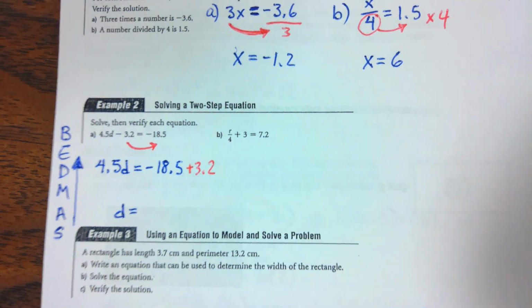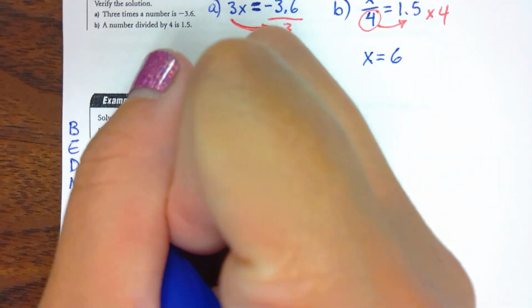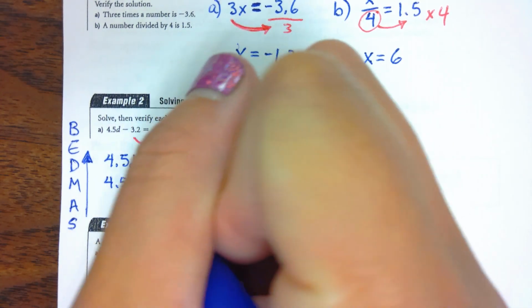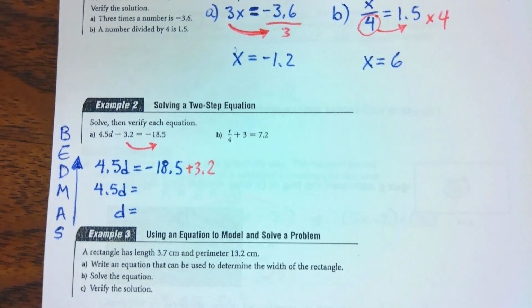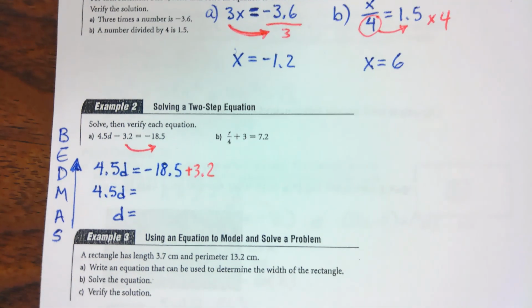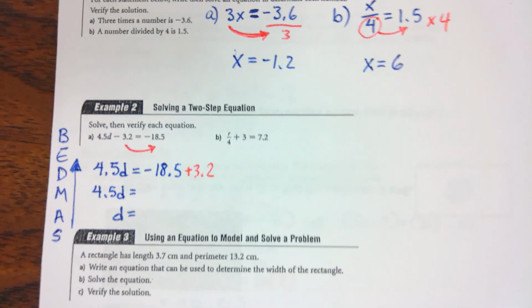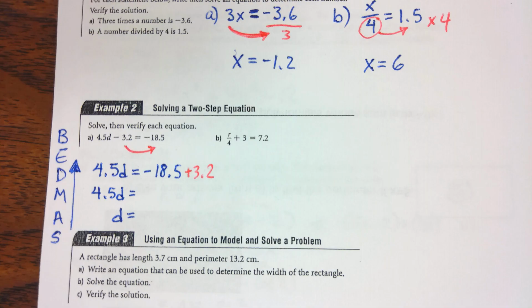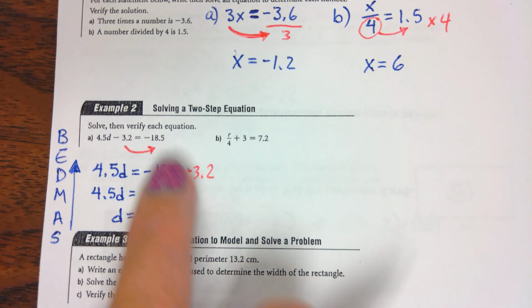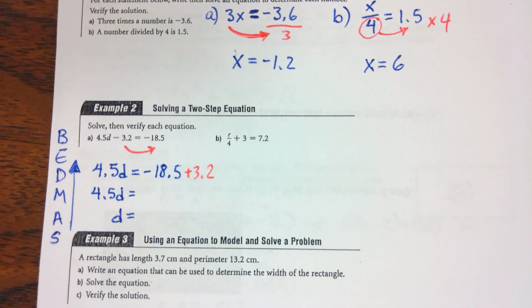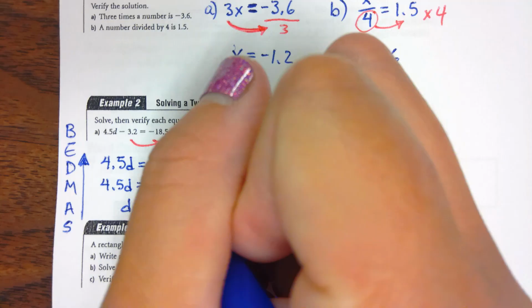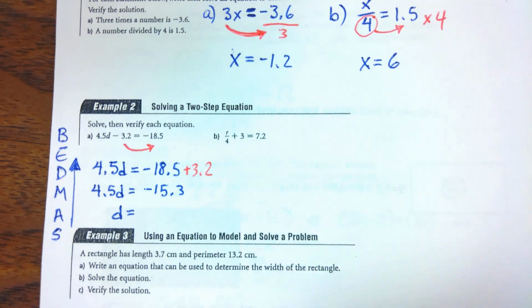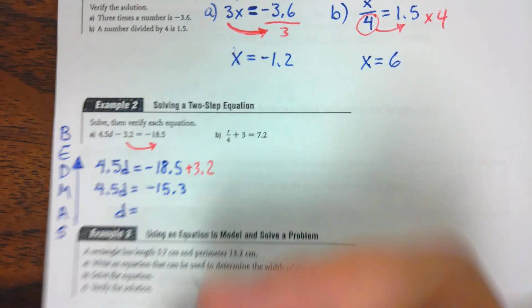Okay, so then 4.5d equals, what is that? Let me get my calculator. Negative 18.5 plus 3.2. We get negative 15.3. Okay, what do I do with that 4.5 now?